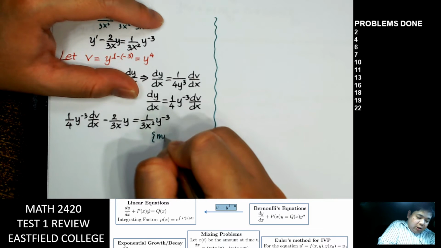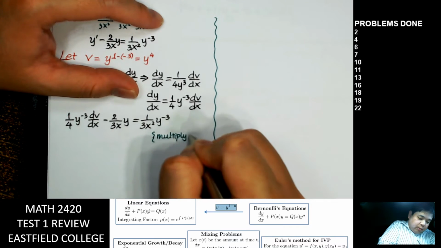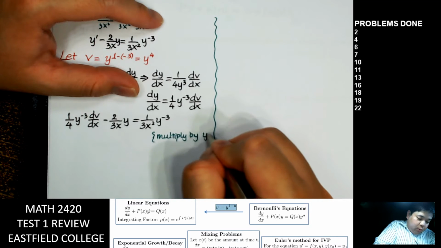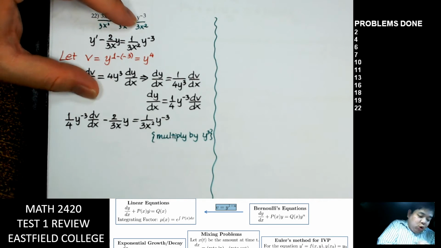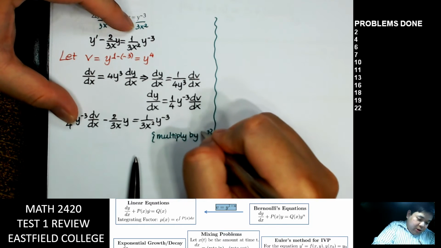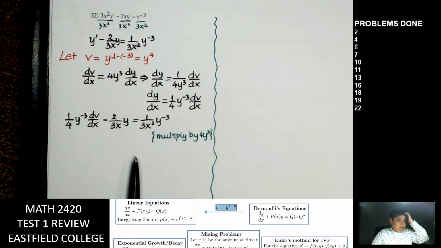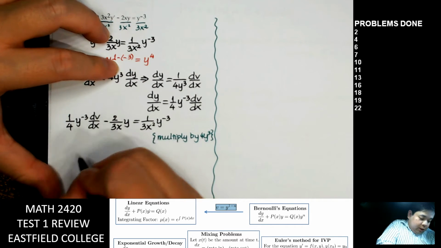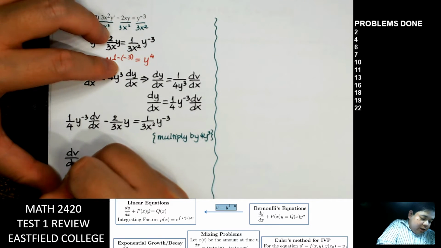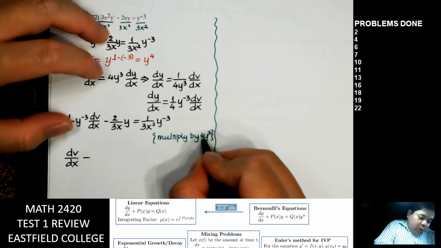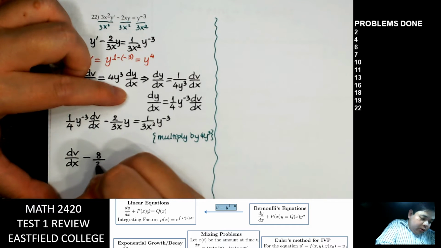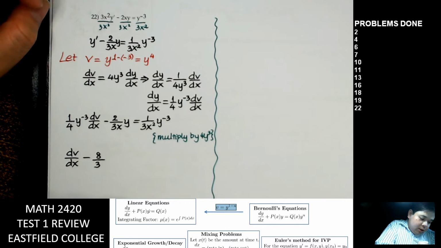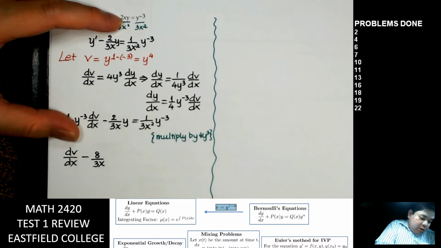So let's multiply by y cubed. Actually, we multiply by 4y cubed, so we get rid of the 4 as well. So we have dv over dx, and we multiply by 4, which gives us 8 over 3, still with x at the bottom.